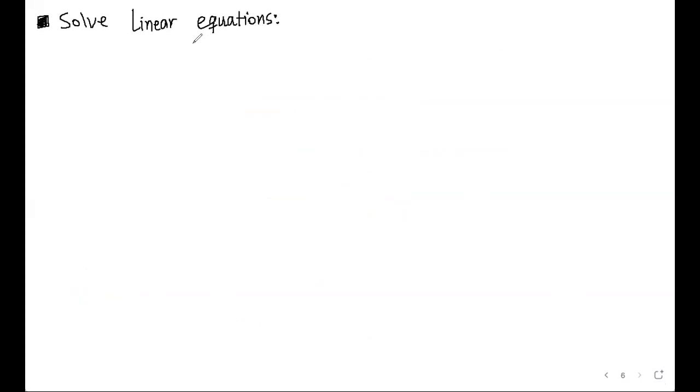First of all, we have to know the meaning of linear equations. Does anyone have an idea? What is the meaning of linear equations? A graph or a line? It's a line, exactly. But how can we express this linear equation as variables with numbers?